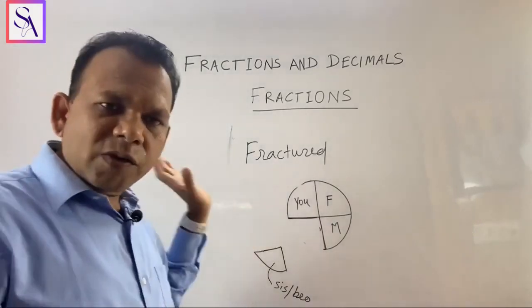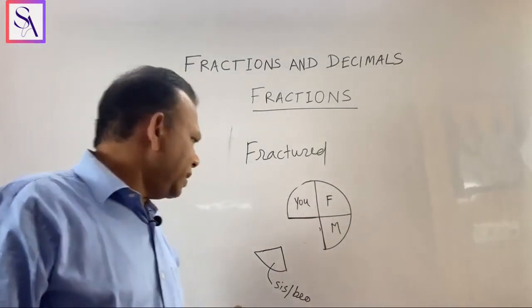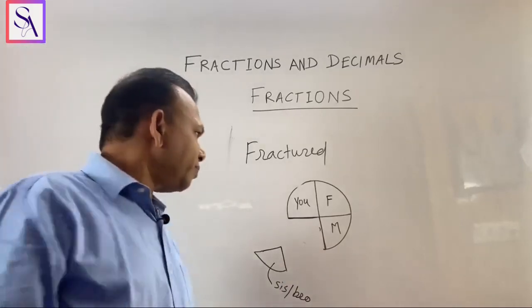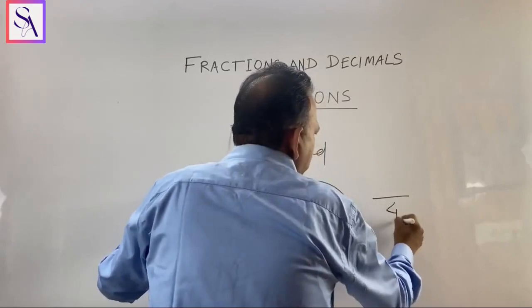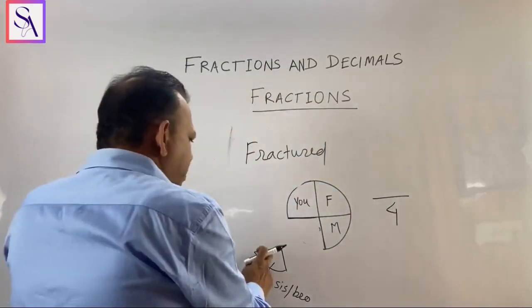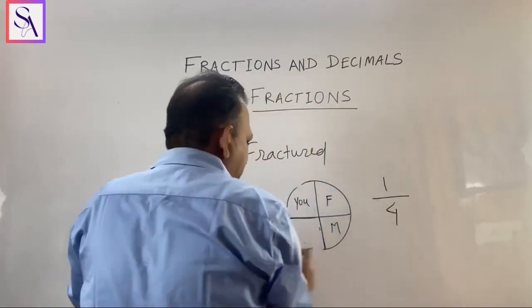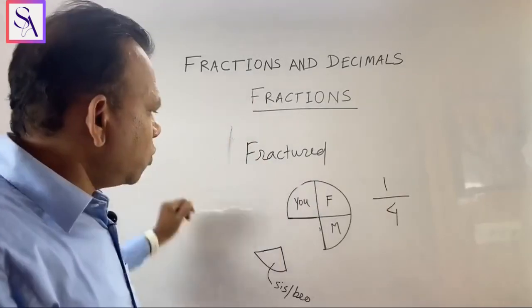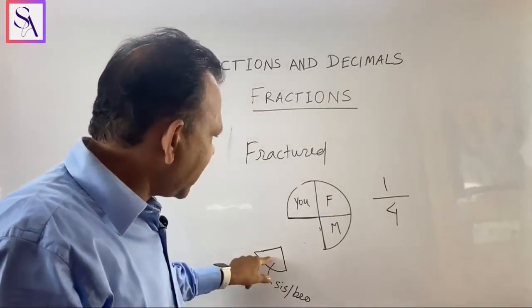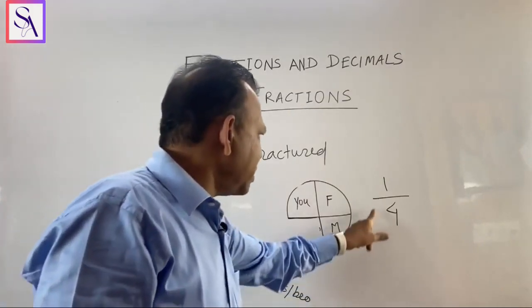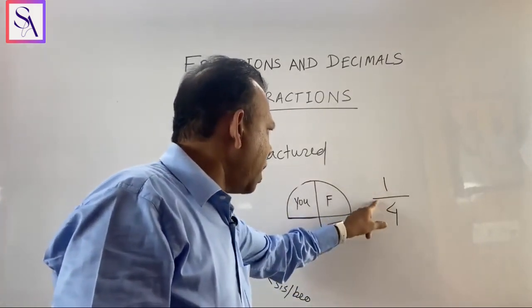If I ask you to write mathematically, how are you going to write it? There are 4 parts of one pizza, so let's write 4 here. And 1 part of that you are giving to your sister. So this part can be written in mathematics like this: 1 by 4.